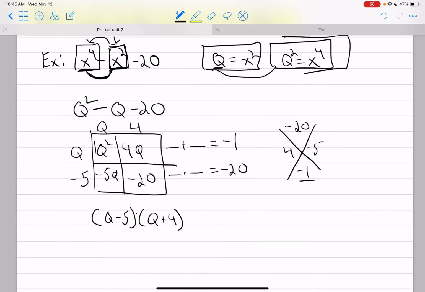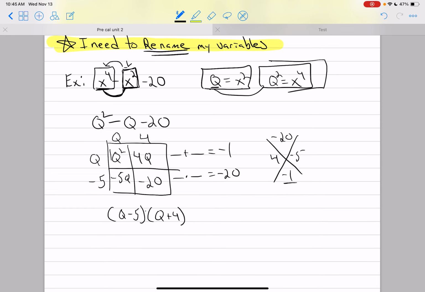Well, now I'm going to go back to what I said. But what does q actually stand for? Q is x squared. So this actually equals x squared minus 5 times, what is q? It's x squared. Don't forget, I'm looking up here. X squared plus 4.